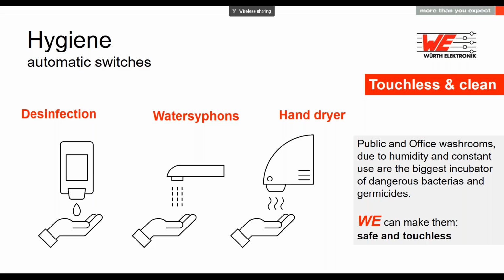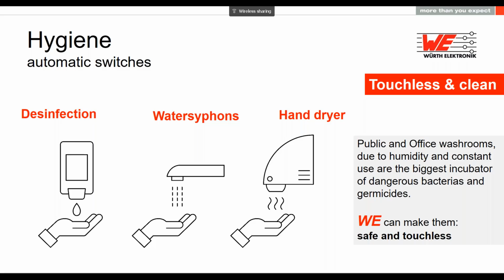Only in this case, your hygiene articles or your water siphon will not require any touching. This means no transfer of bacteria or germs in the washroom. As we know, washrooms, due to their humidity and warmth, are basically the most potent source of spreading different bacteria. So the same application that we have here can be applied everywhere with a single infrared emitter and detector.